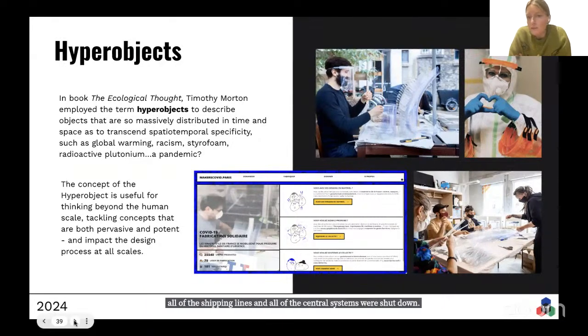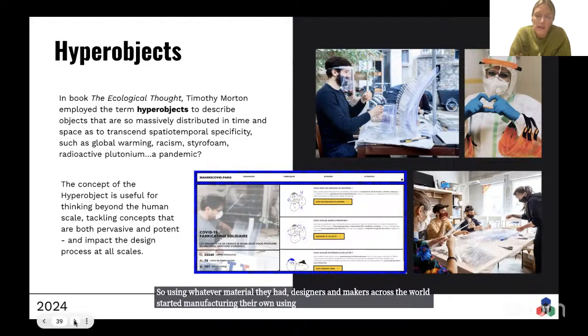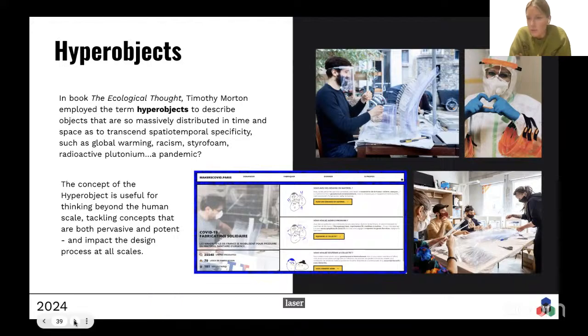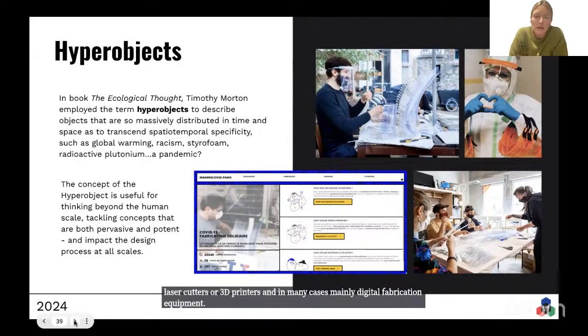So using whatever material they had, designers and makers across the world started manufacturing their own using laser cutters or 3D printers, and in many cases, mainly digital fabrication equipment, which can be found in a fab lab.